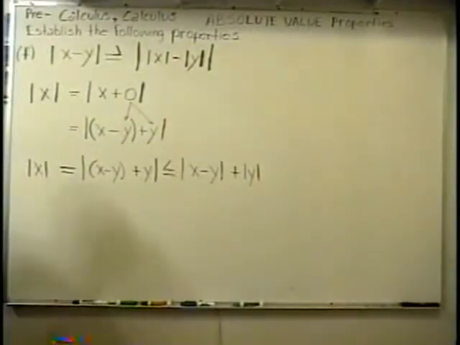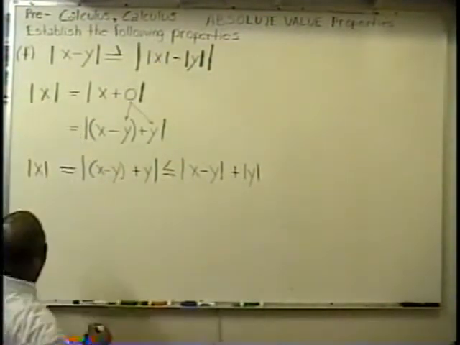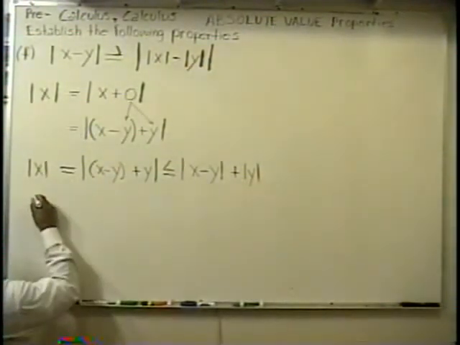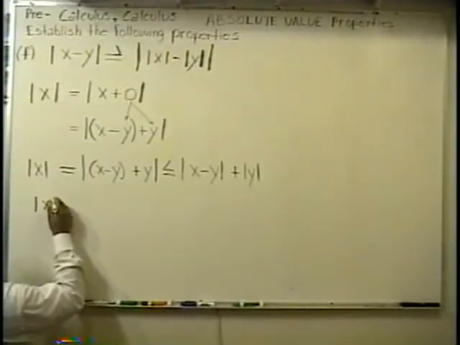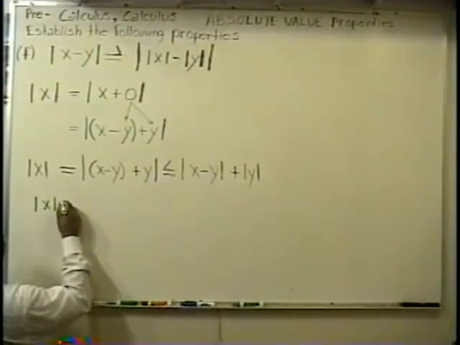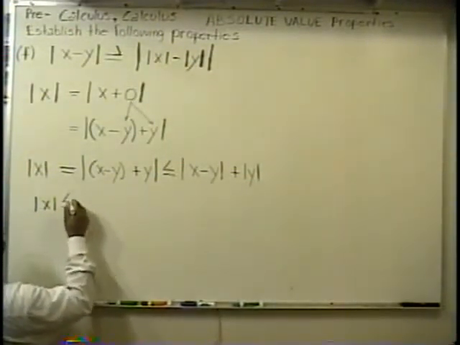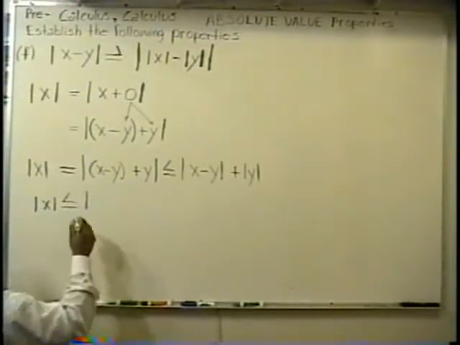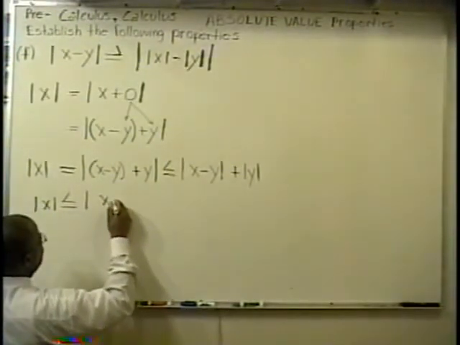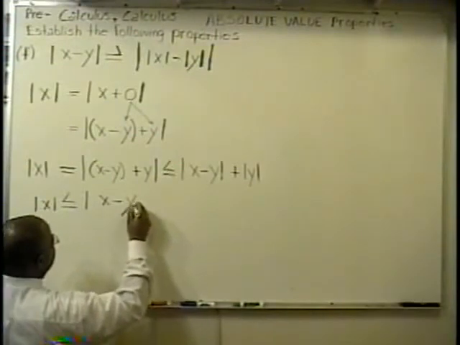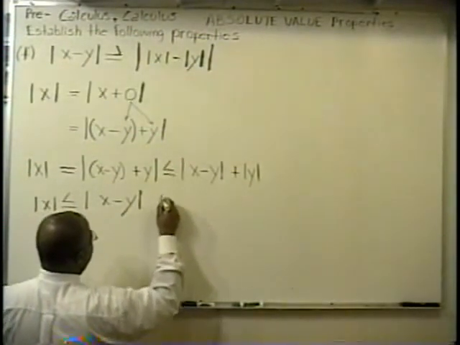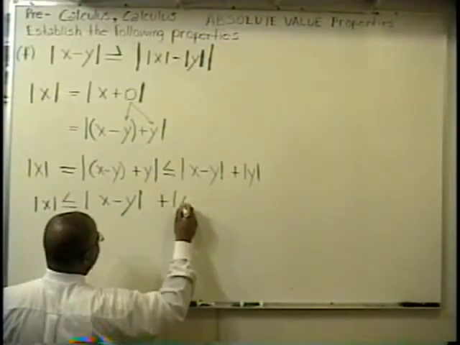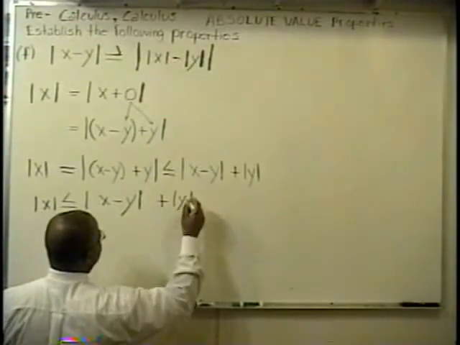What can I do now? Very good. Well, that means I can say that the absolute value of x is indeed less than or equal to the absolute value of x minus y plus the absolute value of y.